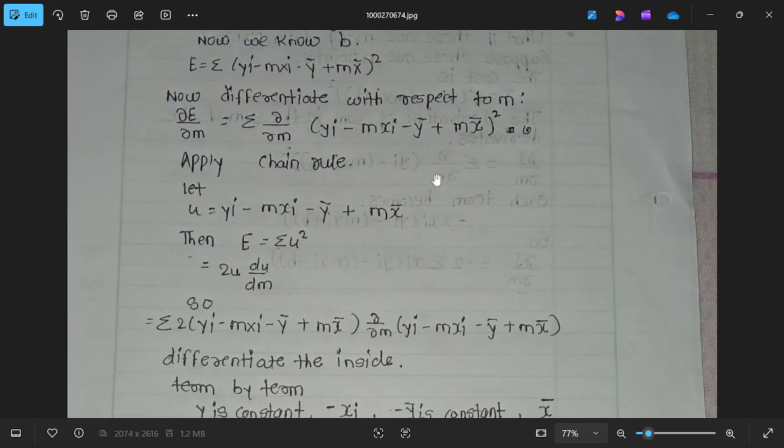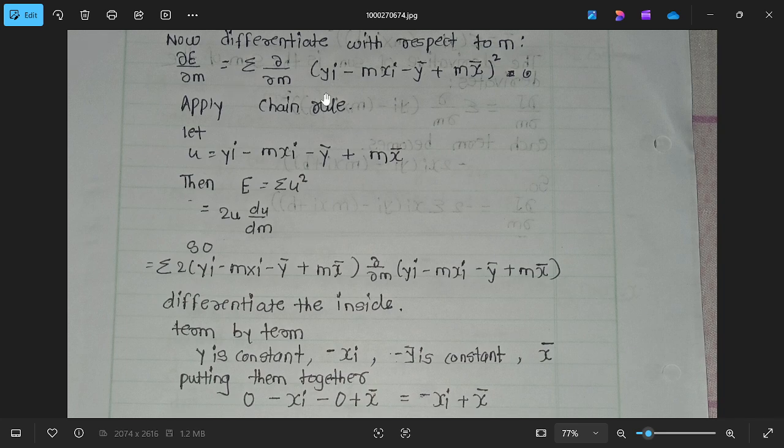Now let's differentiate it with respect to m. Here also we are going to apply the chain rule. This is our u, which is the inner function, and this is our outer function, u square.